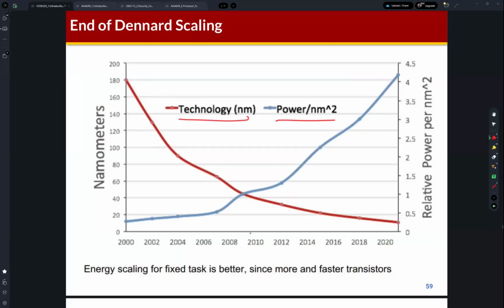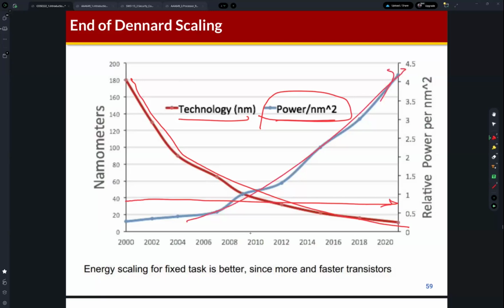This is the technology node, the size of the transistor, actually the width of the transistor channel, so it is reduced like this. Based on the Dennard scaling, power density should be constant, but actually it is increased, right?